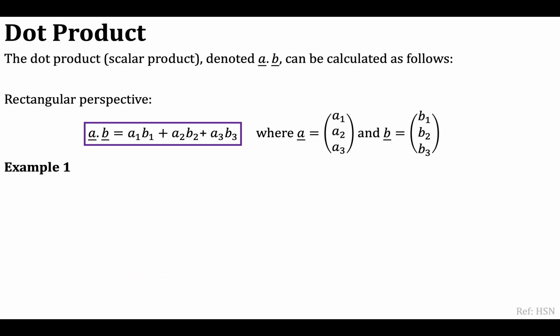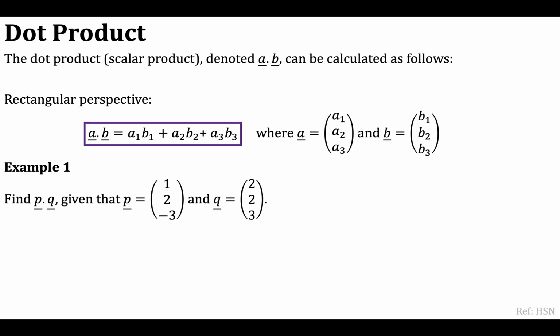So let's have a look at an example. And the first example asks us to find P dot Q, given that P is 1, 2, negative 3, and Q is 2, 2, 3. So remember, the dot product combines like components. So our X components, Y components, and Z components.